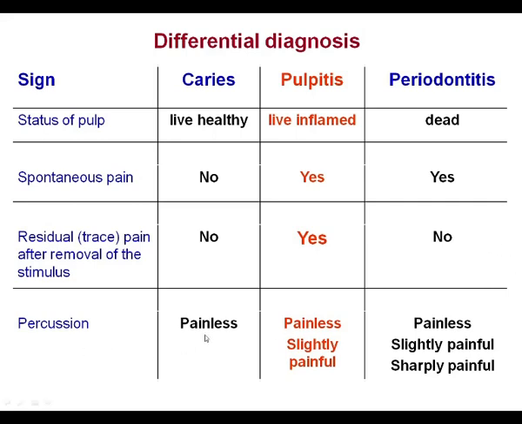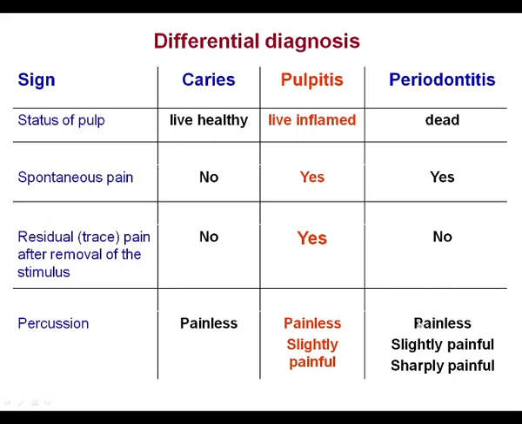And percussion, in caries, it's always painless. In pulpitis, it's more often painless, but sometimes slightly painful, for example, in acute diffuse pulpitis, purulent pulpitis, when some changes in periapical tissue occur. And in periodontitis, it depends on the course.